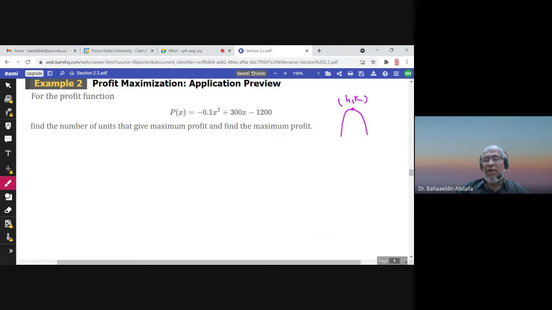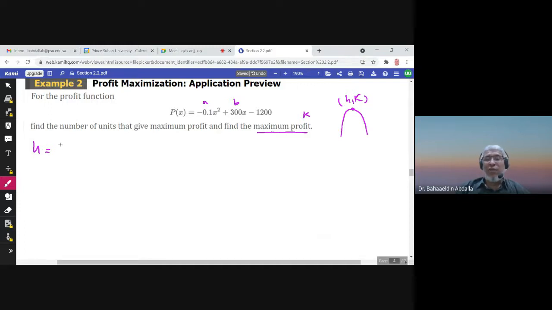And the maximum value of y, which is the profit, because the profit here is y, would be just k. So to find the maximum profit, or k, I need to find h, and h is negative b over 2a. Well, this is a and this is b.